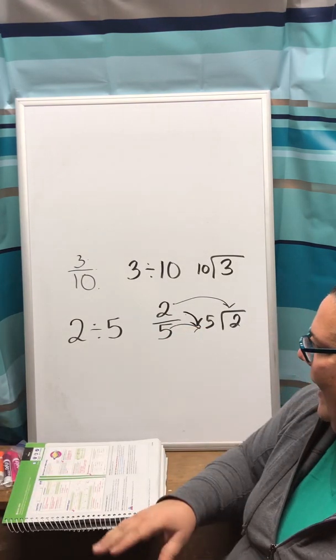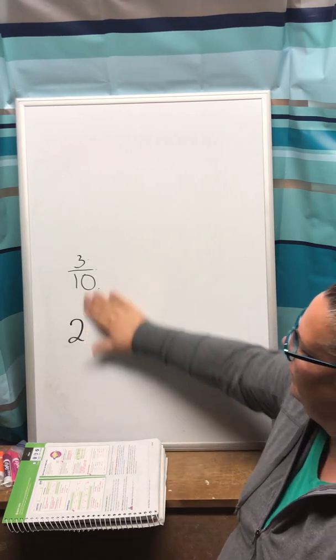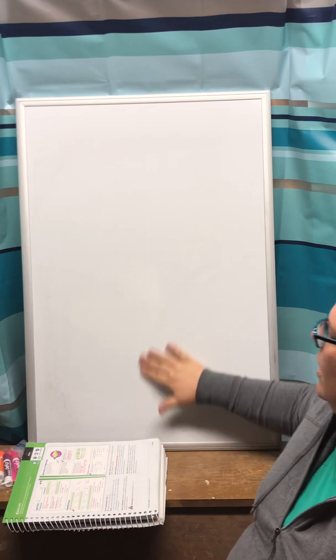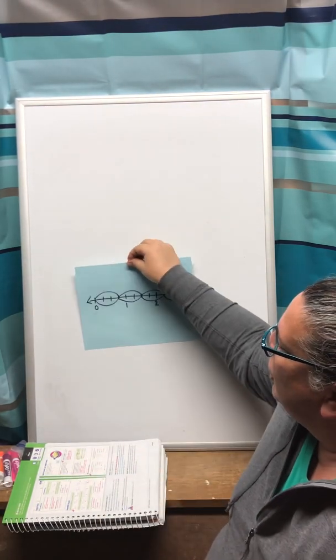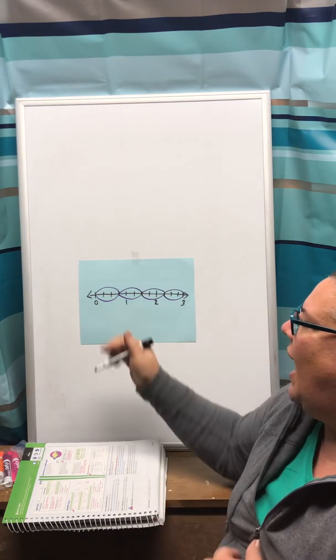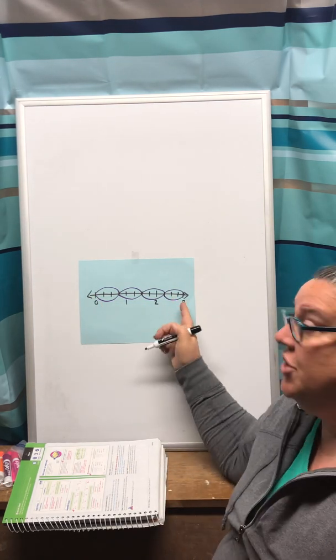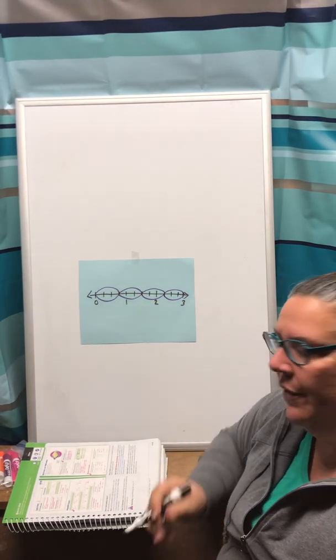For number 3, they gave us a number line, and on your Google Slides, I actually left the jumps that they made. So it looks like this, and it's a number line that goes from 0 to 3, and we have the numbers 1 and 2 in the middle there.